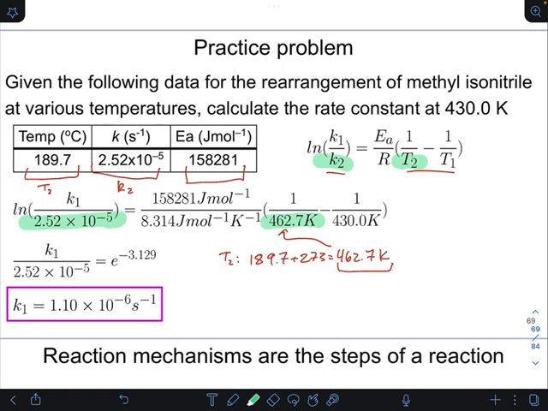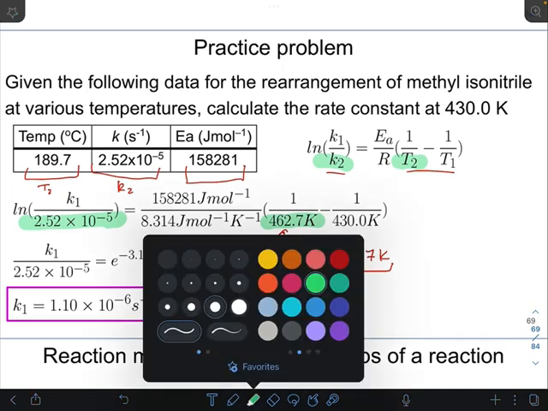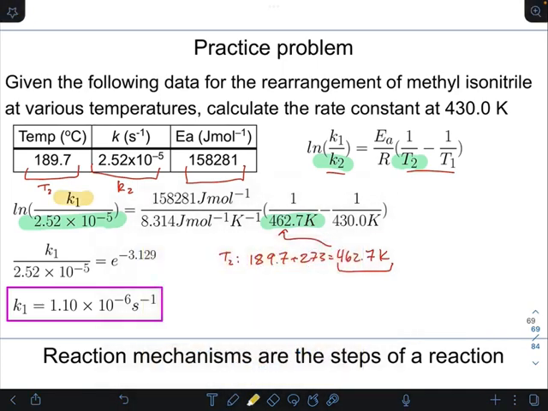And then we're solving for what is K1 at 430. You could have totally swapped all of your numbers. There's nothing requiring you to say that the given data points are T2 and K2. Honestly, you probably called them K1 and T1.